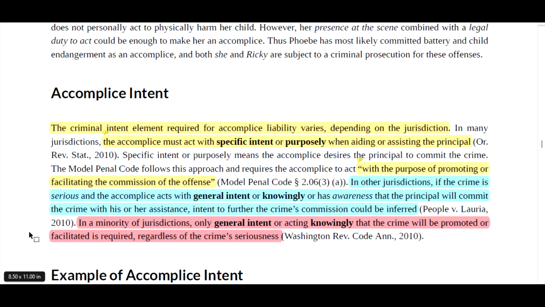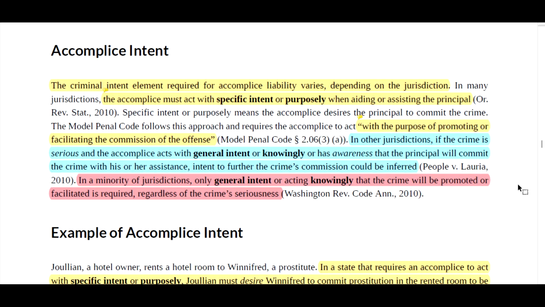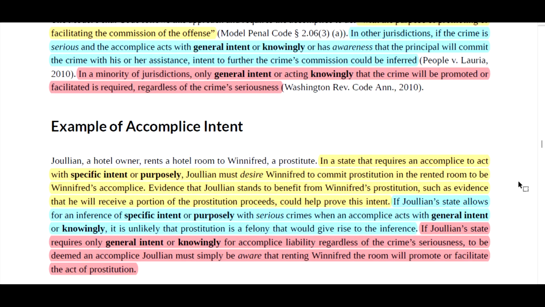It kind of bounces around. In a minority of jurisdictions, only general intent or acting knowingly that a crime will be promoted or facilitated is required, regardless of the crime's seriousness. So this is not us. This is definitely something that we also kind of do, but a lot of it says specific intent. So that's where it gets kind of fuzzy.